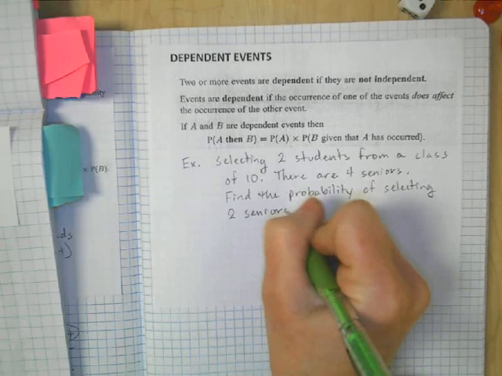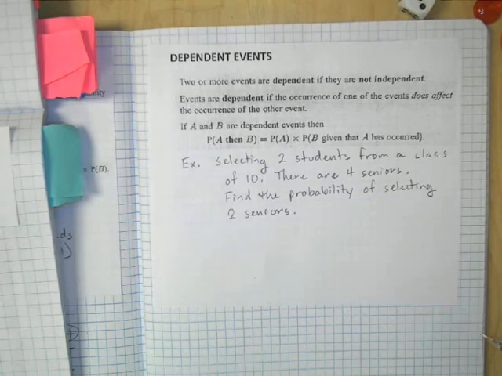By the way, this is still theoretical probability. I'm assuming that it's equally likely. Each student has an equal likeliness of being selected, so no bias is involved. So, selecting 2 students from a class of 10.